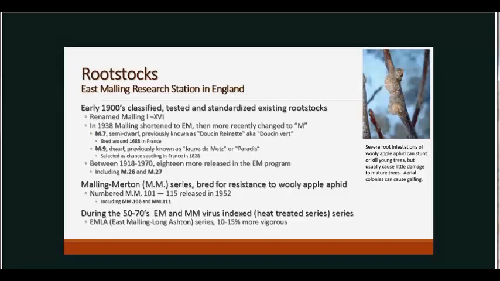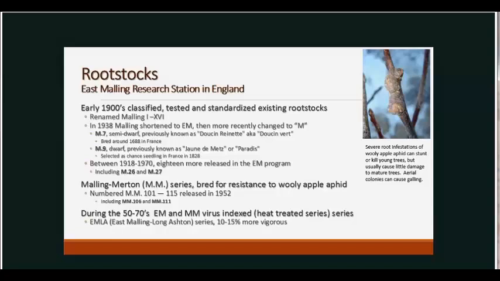Today, commercially, we are still using several of them. The M7, which is semi-dwarf. M9, which is dwarf. We also have M26 and M27, which came a little bit later. They had a breeding program in the mid-50s, which brought out the series of Malling Merton, which gave us the MM in front of several of these.